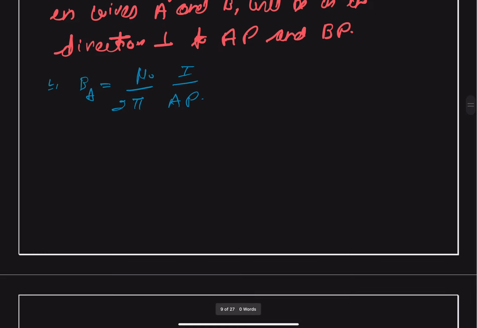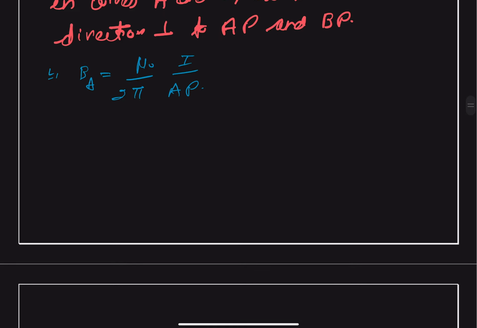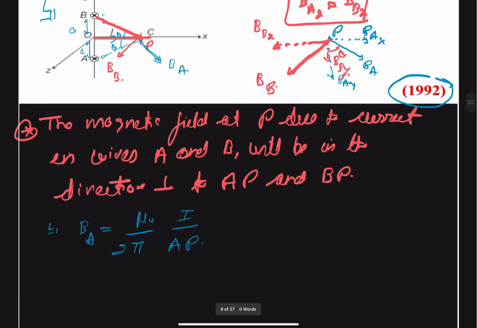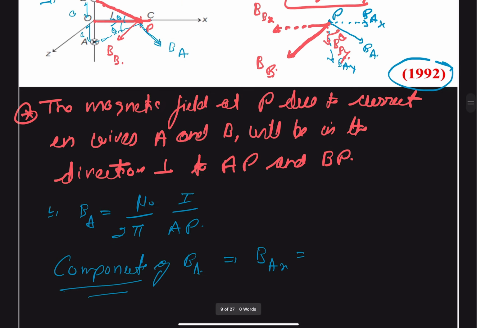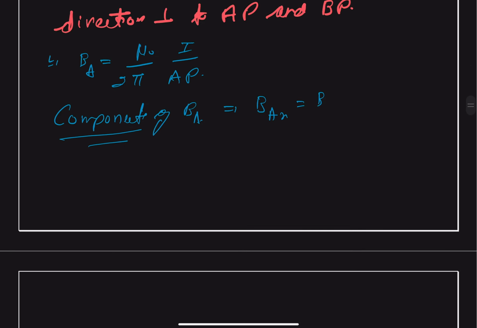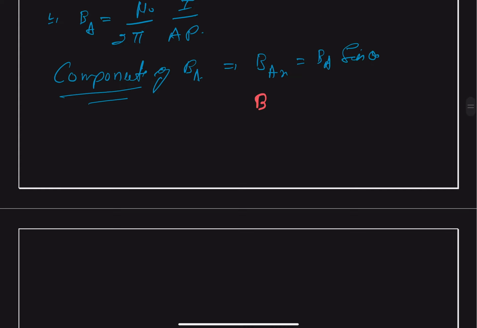So you can say that components of magnetic field because of wire A, we are going to have two components. One will be our BAX, and obviously that will be our BA sine of theta. Second component will be our BAY, which will be equal to BA cos of theta.